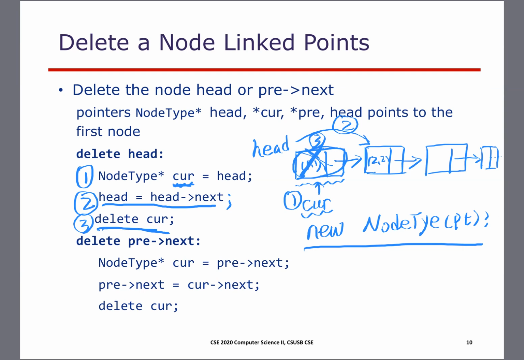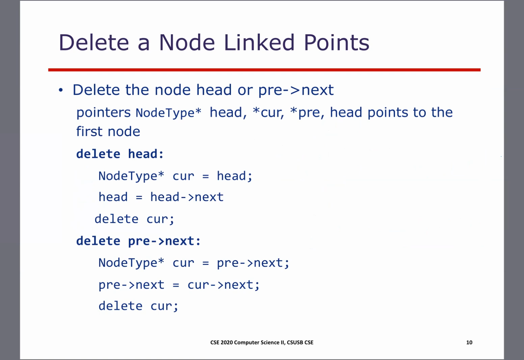This is how we delete the first node. Now if we want to delete a node in the middle or the last node, we need another pointer. We call it previous. So we need two pointers, the current pointer and the previous pointer. Now I will draw another linked list.